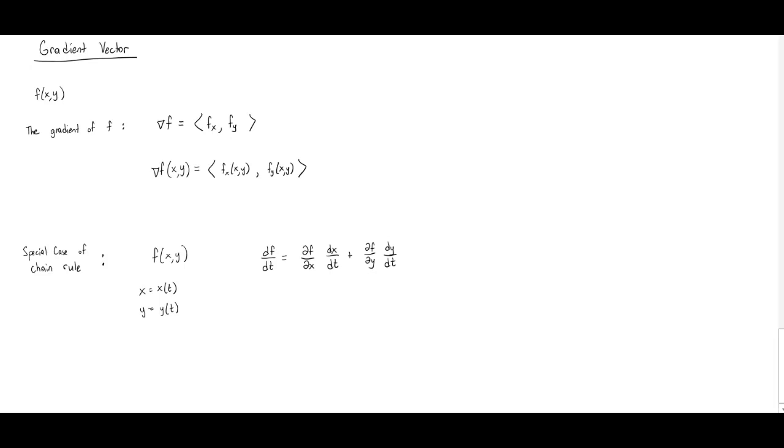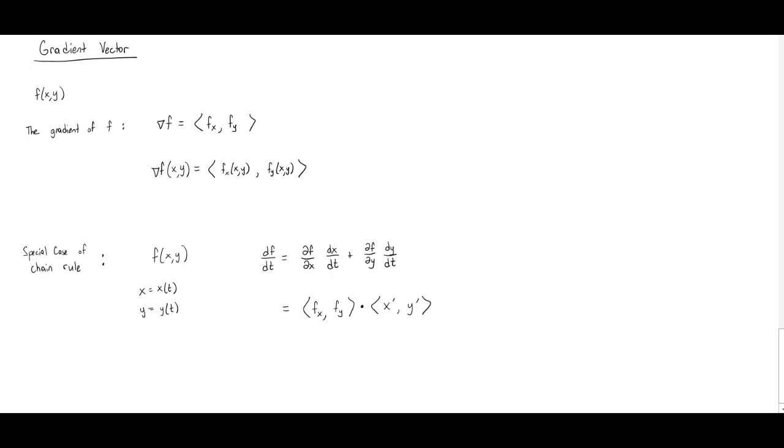Okay, now, notice that this expression here kind of looks like a dot product between two vectors, right? So it looks like a dot product between the partial of f with respect to x and the partial of f with respect to y, with the vector x prime dx/dt, y prime dy/dt. Okay?